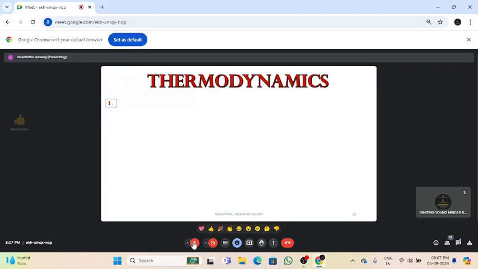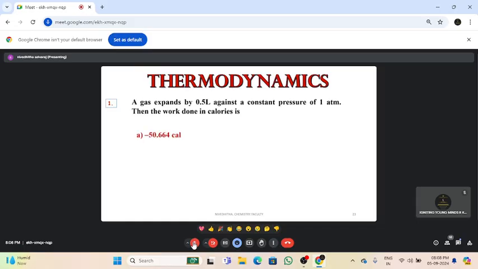Okay. So, first question. A gas expands by 0.5 liter against a constant pressure of 1 atmosphere. Then the work done in calories is dash. They're asking us to calculate the work done, and we have to express that work done in calories.